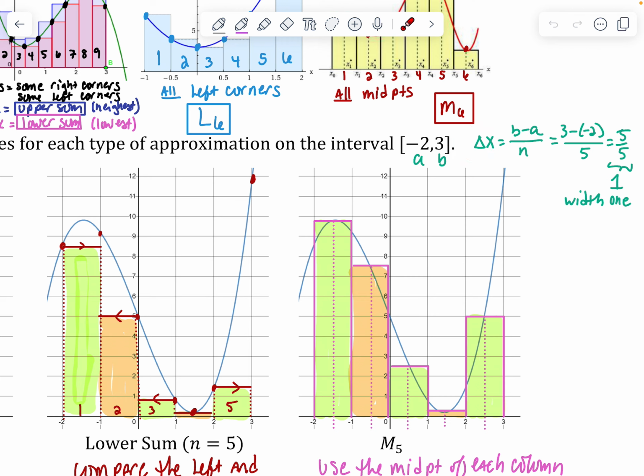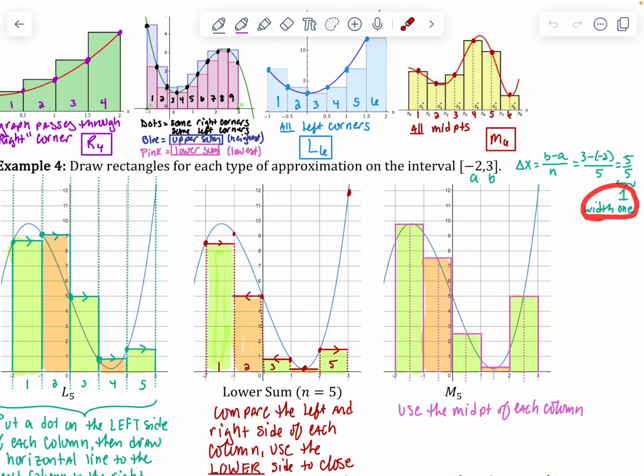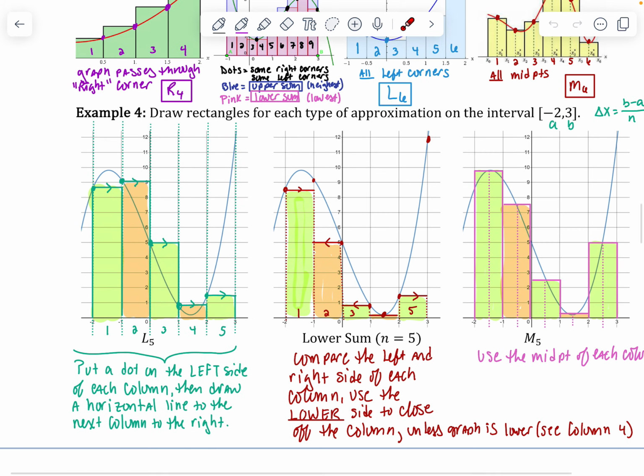And the formula for delta X, the width of my rectangles, is where does it end minus where did it start. We're trying to find the range. And so we're going 5 units across, and because we want 5 rectangles, each rectangle will have to be width 1. So on this first example, I would have only had this blue graph that I just highlighted.